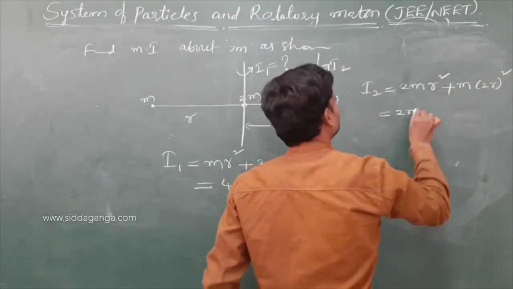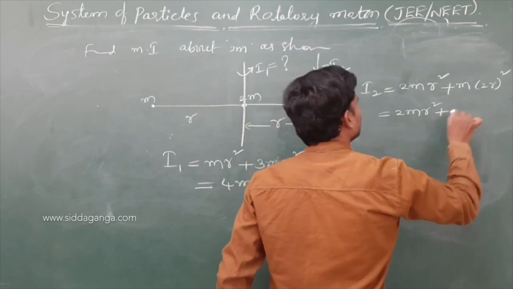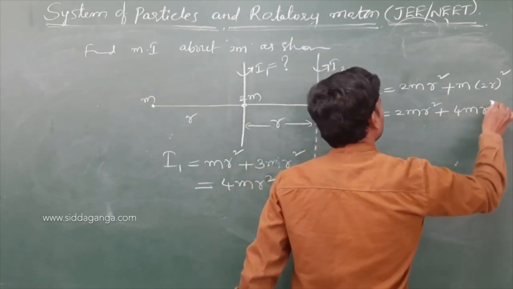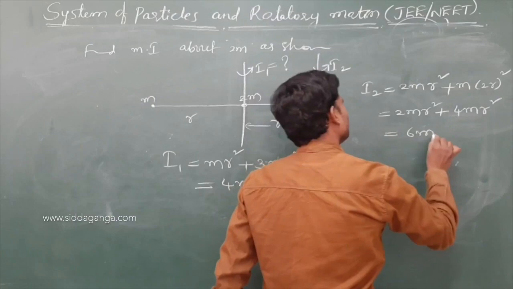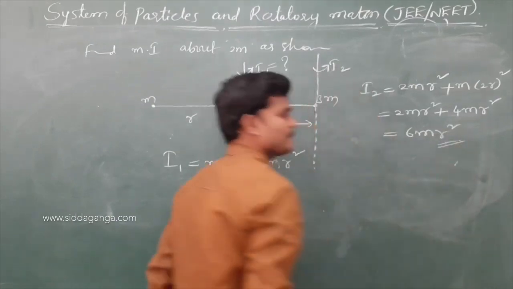So 2 m r square plus 4 m r square, you will get 6 m r square.